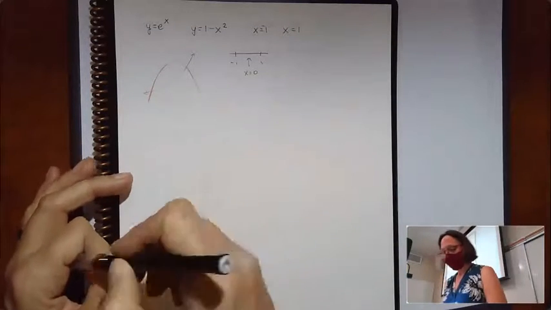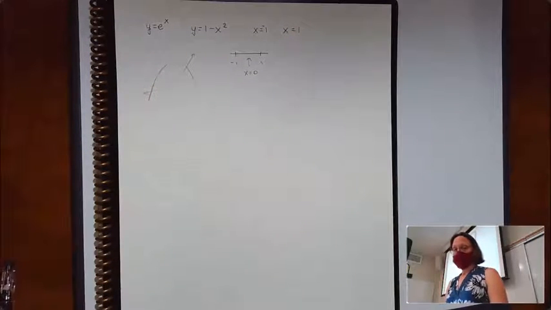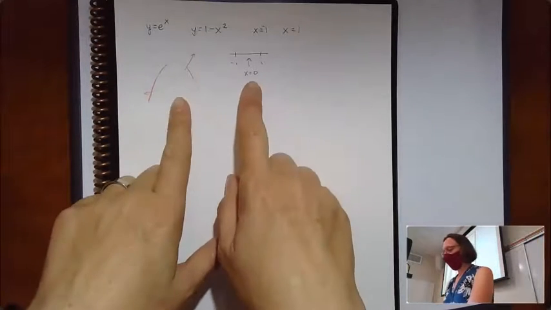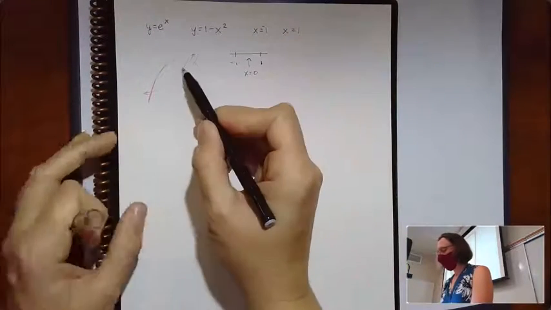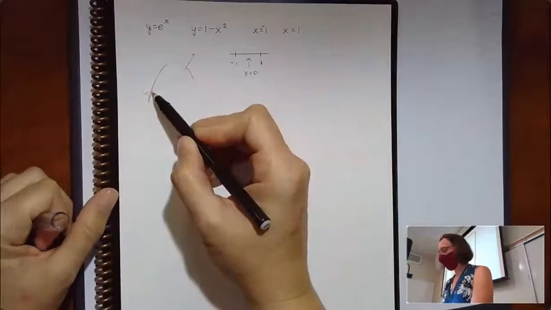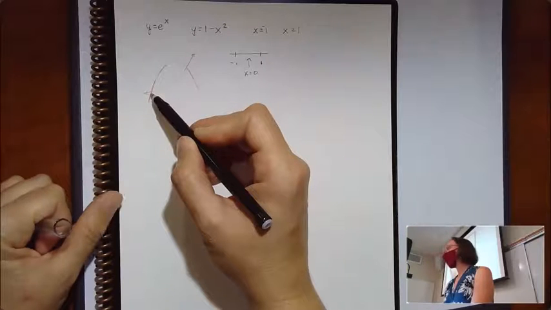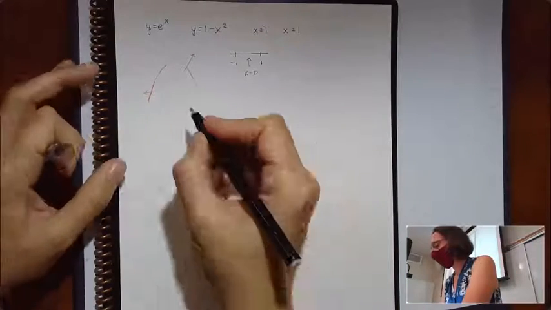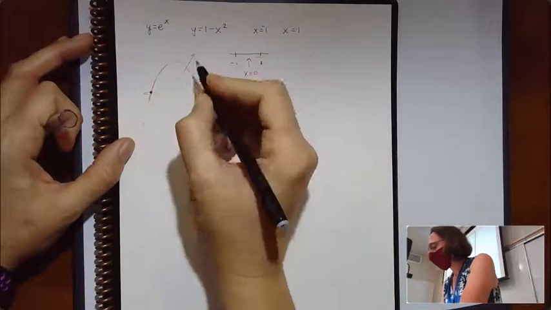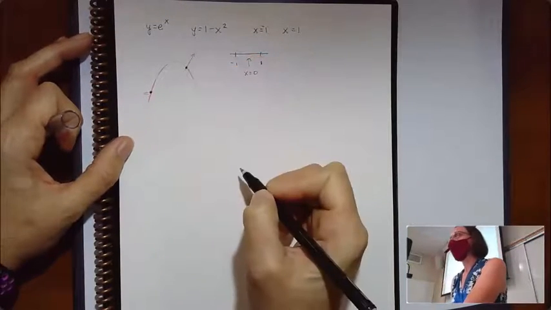So, option one, I'm going to go, well, one of these 2 points has to be x equals 0, because those are the places where it intersects. So either that's x equals 0 or that's x equals 0.